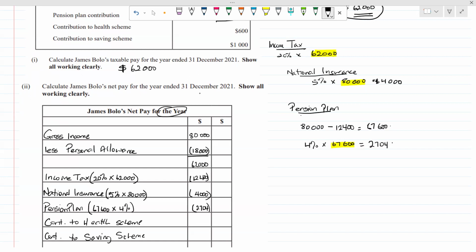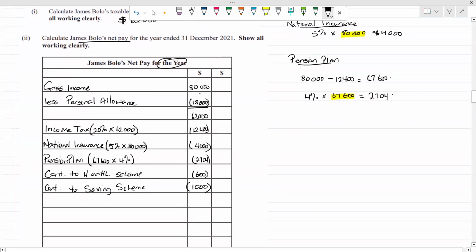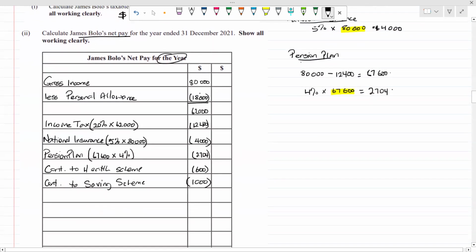So is this still manufacturing? No, this is a payroll question. Right? We're calculating the net pay for James Bolo.